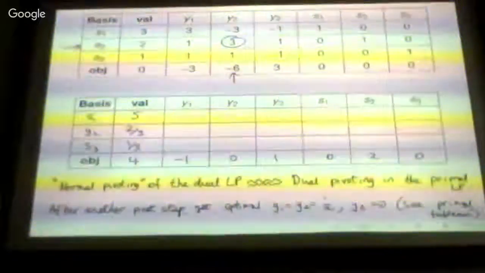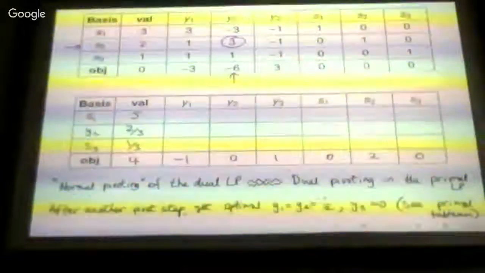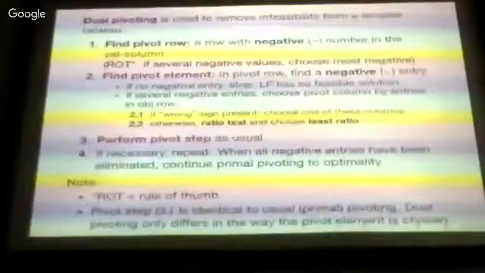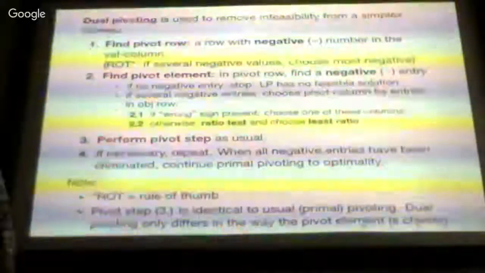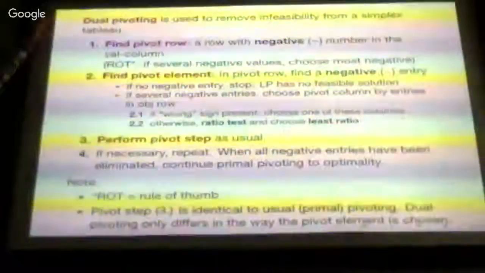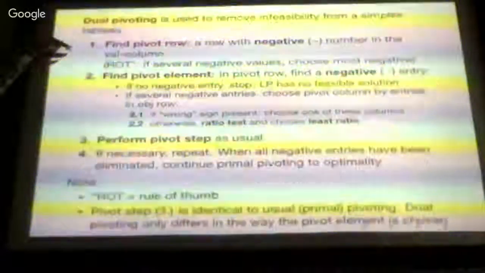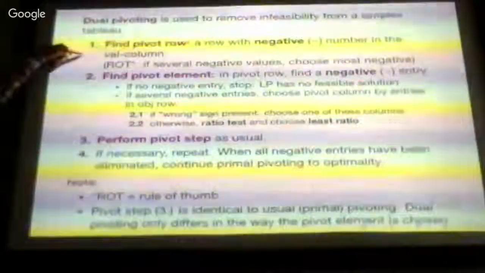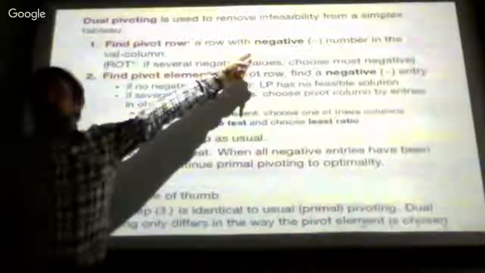All good. So the final slide and the final bit of your handout is a summary of how the dual pivoting process works. Finding a pivot row, we go for a negative number in the val.